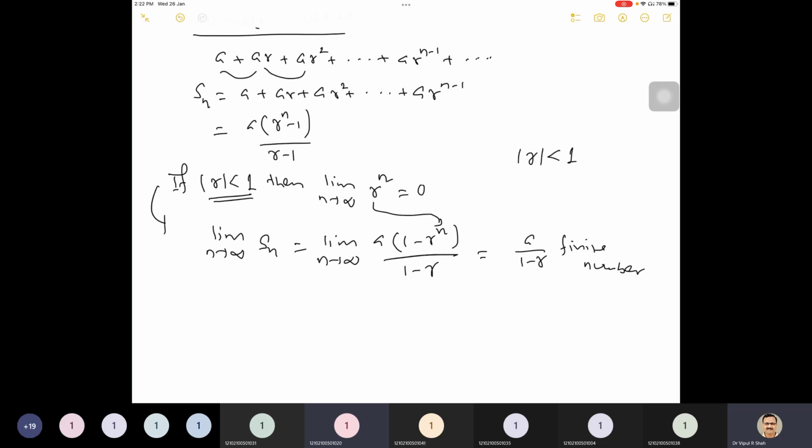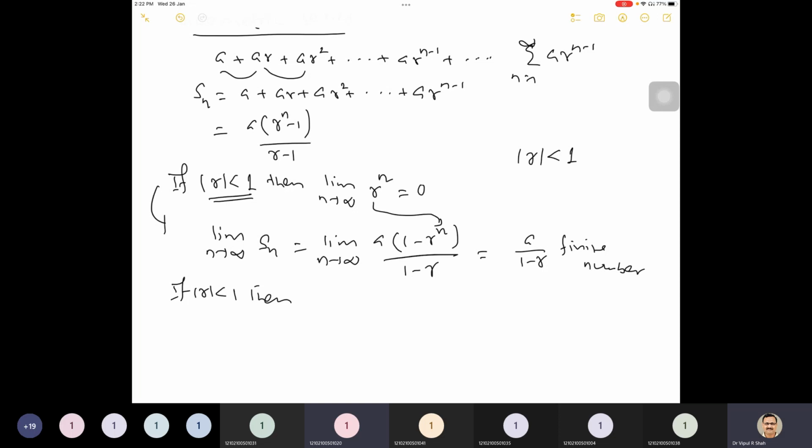So what does it mean? It means that if modulus r is less than 1, then the general series is written as the sum from n equal to 1 to infinity of a r power n minus 1.